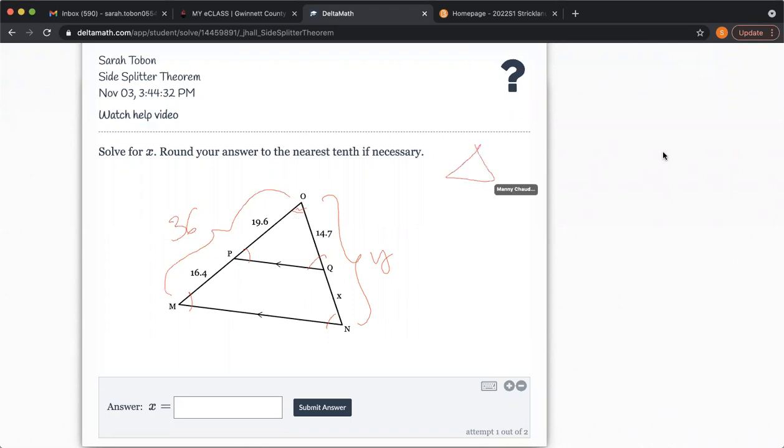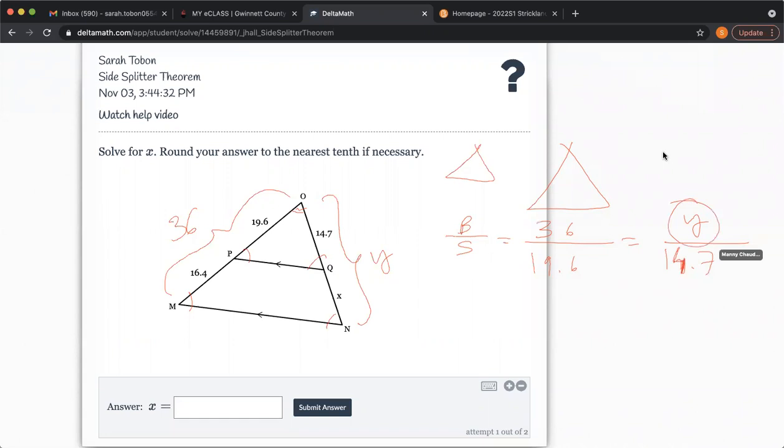The little triangle and the big triangle are similar. So you can just do small over big or big over small, it doesn't matter. I'll do big over small. That will be 36 over 19.6. The other one, Y over 14.7. Y is the one we're missing.